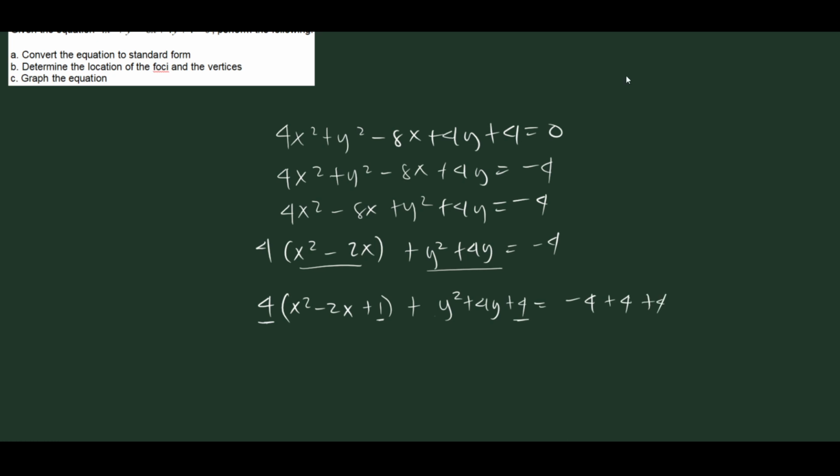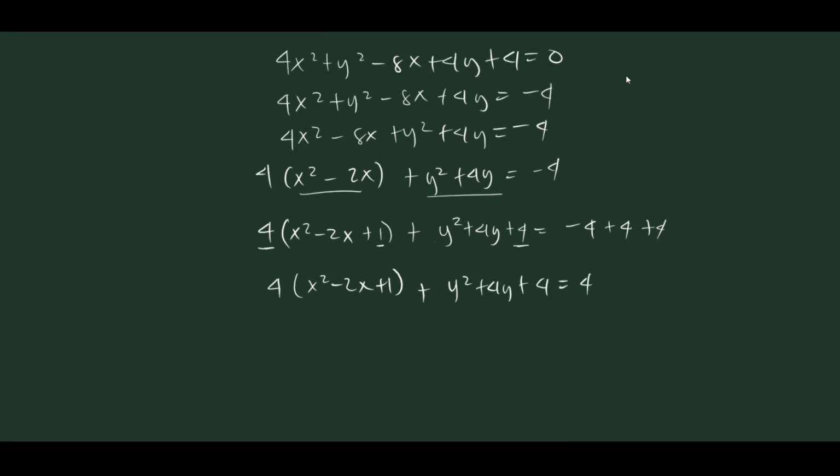Okay, so what do we get? You'll get 4 times x squared minus 2x plus 1, plus y squared plus 4y plus 4 is equal to 4. Then we can express it as the square of a binomial: 4 times x minus 1 squared plus y plus 2 squared is equal to 4.